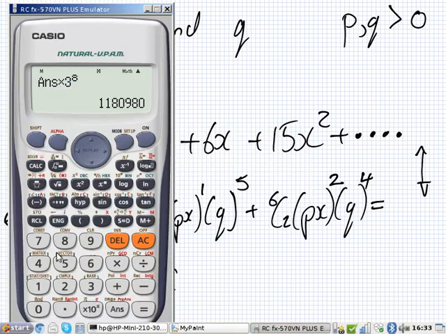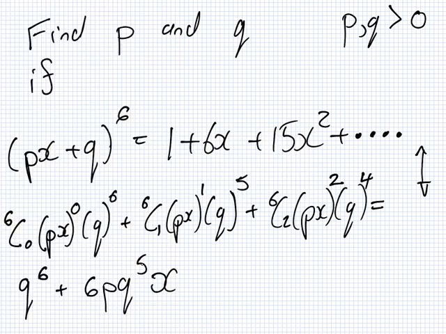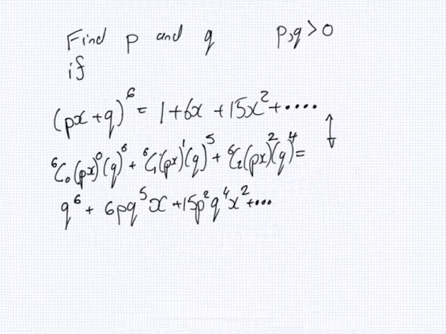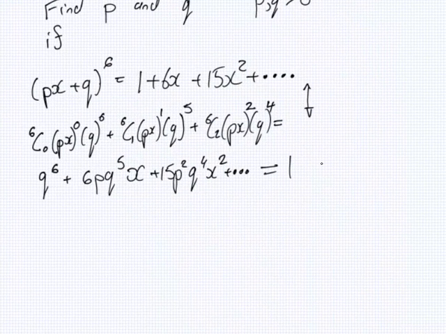What's 6C2 now? 15. Q4 X squared dot dot dot. That should equal 1 plus 6x plus 15x squared dot dot dot.